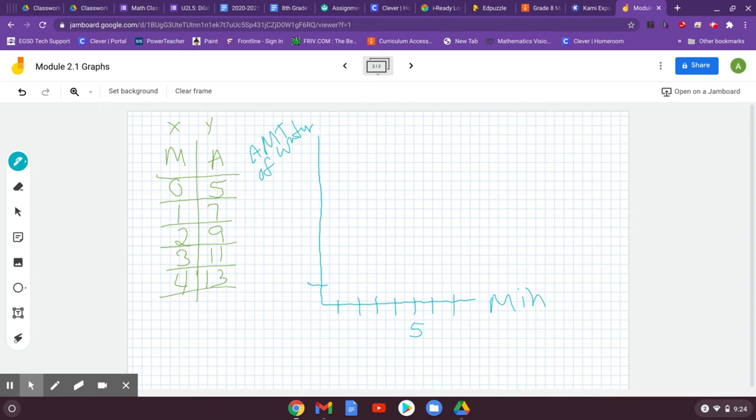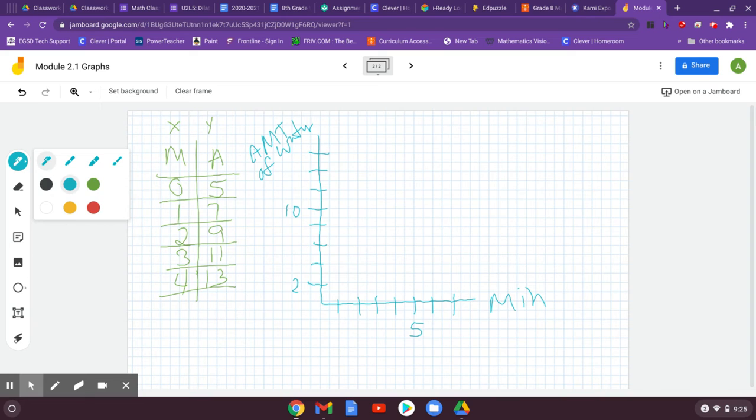Here again, I'm going to do 2, 4, 6, 8, 10, 12, 14, 16. Okay, so I've labeled so I know I'm counting by ones on my x-axis. So these guys are ones. Each line counts for 1. Here I've shown that each line counts for 2. So as long as you have some labels, you're good on there. So let's go and graph this.